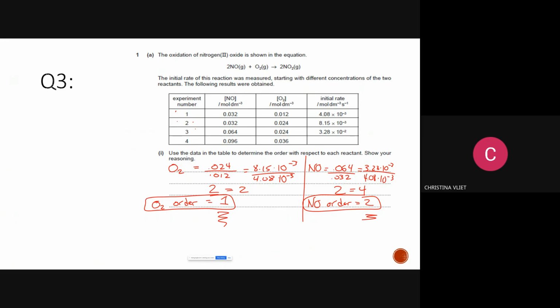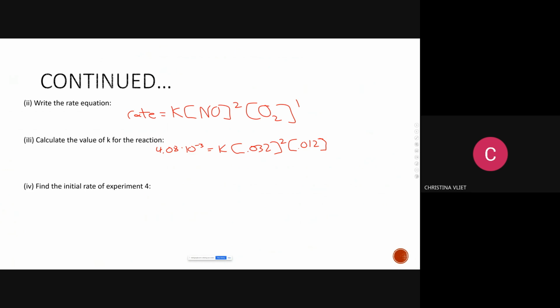Last class, I told you that it would only if it said we had a one-step mechanism, and that's not mentioned here, so we wouldn't know from that. The only reason we know it's 2 is because we calculated that in part 1 from this data. That's how we know NO is 2, because that's what the order is. All right, so we plug this in. Solve for K.